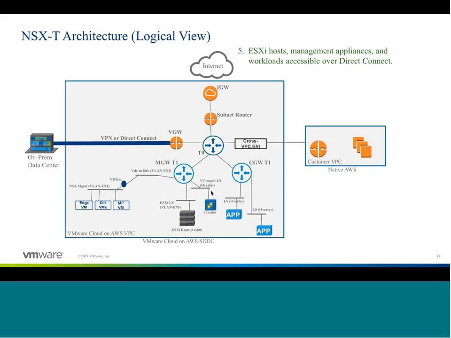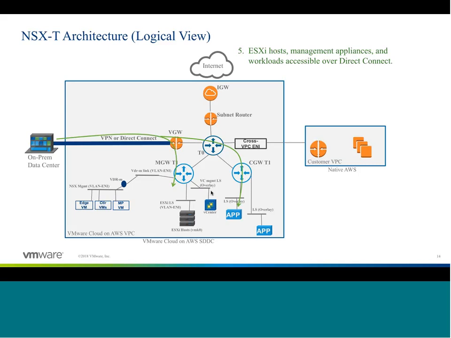And then finally, we also made some enhancements here with the Direct Connect, where all traffic is now supported over Direct Connect private VIF, which terminates directly into the VMware Cloud on AWS VPC. So before, with NSX-V architecture, the only traffic supported over Direct Connect was ESXi management, vMotion, and cold migration traffic, and all other traffic like compute or management appliance, we had to create separate VPN tunnels either over internet or Direct Connect public VIF.